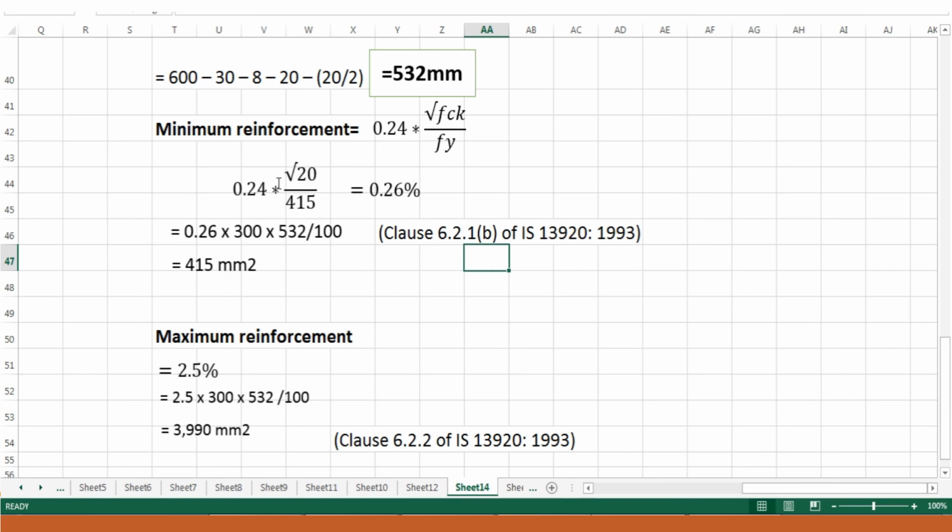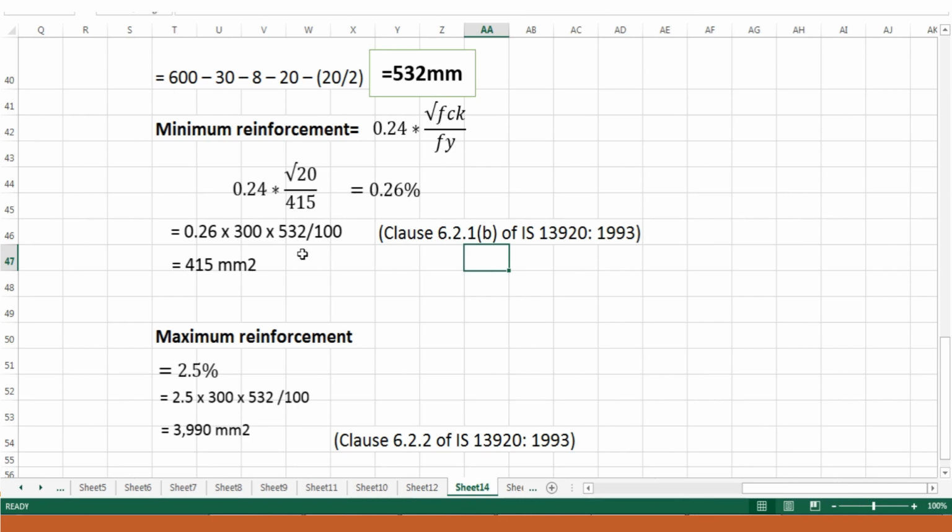Now 0.24 into square root of 20, where we know it's M20 grade concrete, and fy is 415. So the minimum reinforcement that needs to be provided is 0.26%, and 0.26 into 300 into 532 divided by 100. Now that would be 415 mm square.